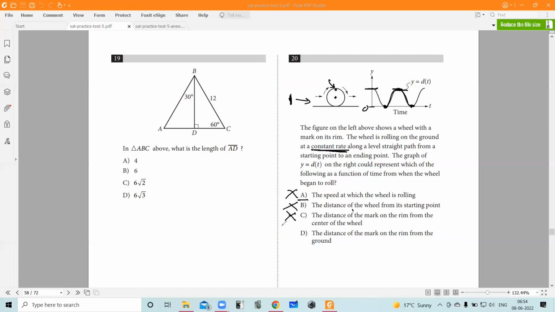Then the distance of the mark on the rim from the ground: right now it was highest. At some point when the wheel is moving, it'll be decreasing and reach the lowest point, 0, and then again move and be at the highest point again. So up and down. So option D. Okay, that makes sense.